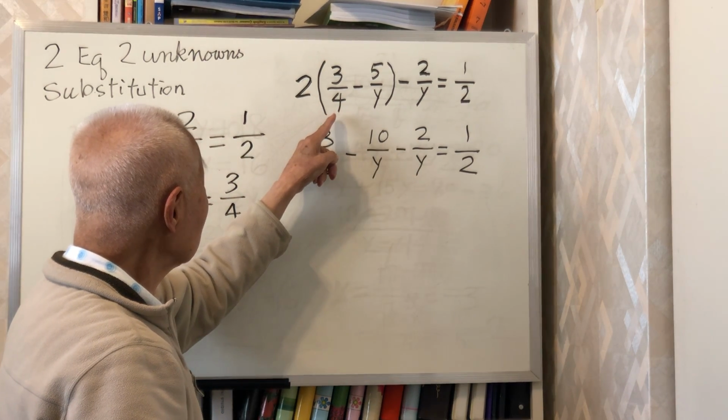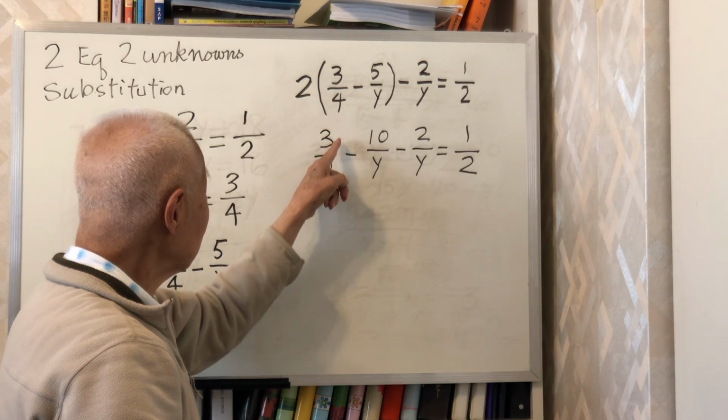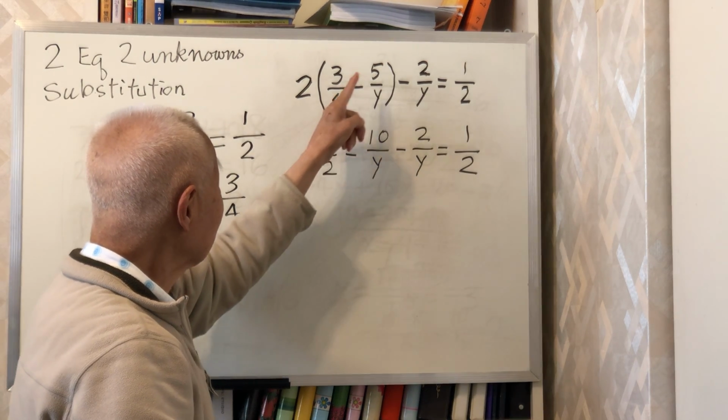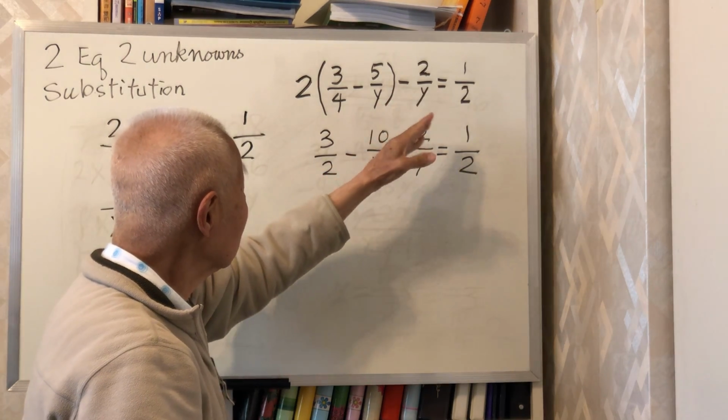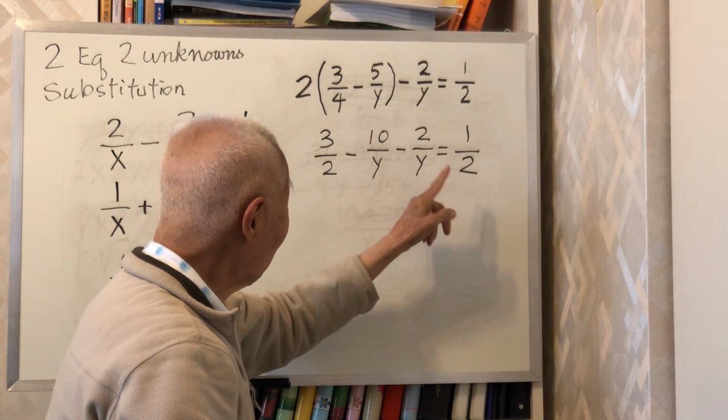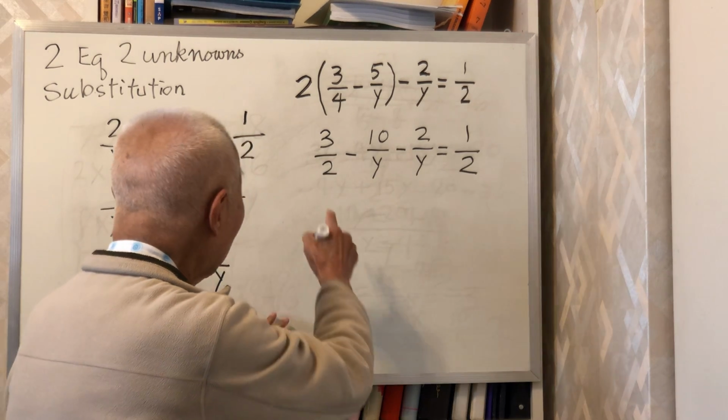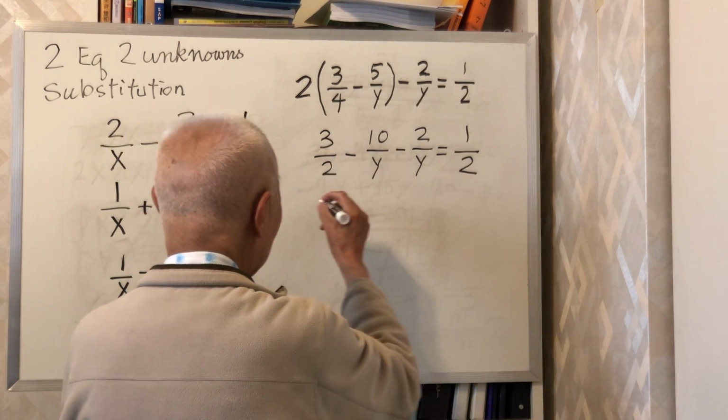2 and 4 can be reduced. So 3 over 2. 2 times 5 is 10. And just the rest, 2 over y and so on. So I can move 3 over 2 to the other side.